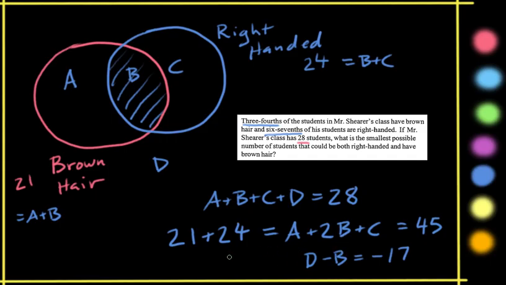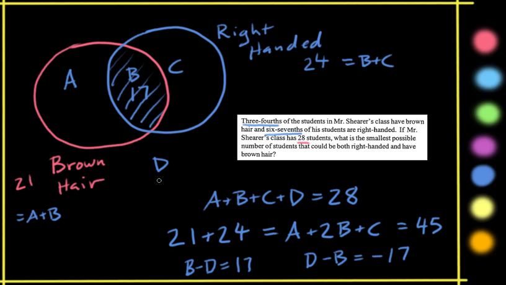So in other words, B minus D is 17. So B has to be bigger than D by 17. So B is going to have to be at least 17. Even if you make D 0, B is going to have to be 17. So that's the smallest number of students, because D can't be negative.